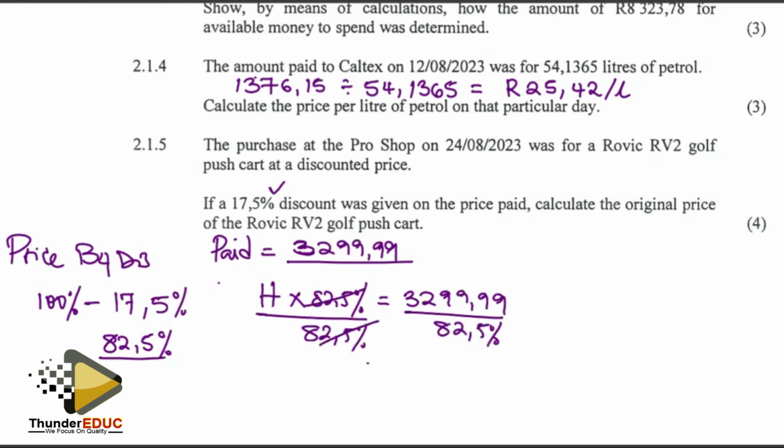This goes with that. So the price I'm looking for that I called H, I'll end up having the price as 3,999.9. This was the original price. We'll look at the next question.